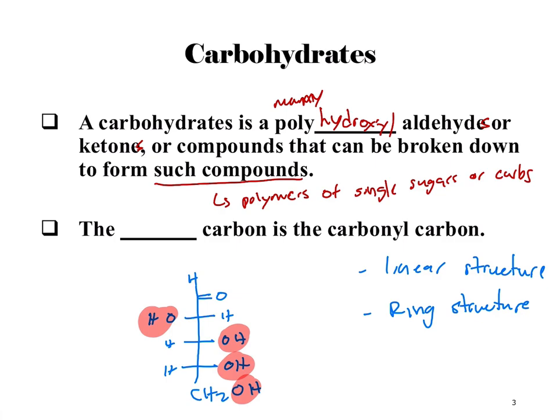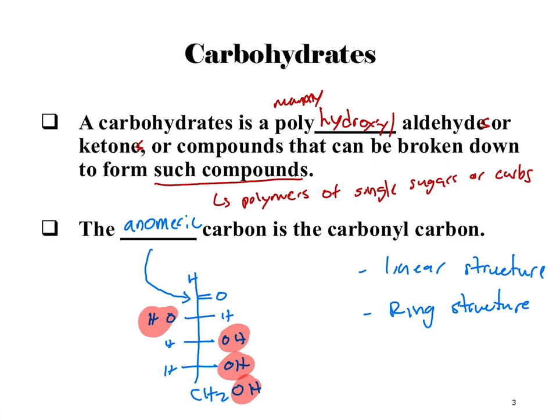And we have a couple of definitions for different carbons on this chain. The anomeric carbon is the carbonyl carbon. It's called anomeric for what it functions as in the ring structure of the carbohydrate. That's going to be this carbon right here.